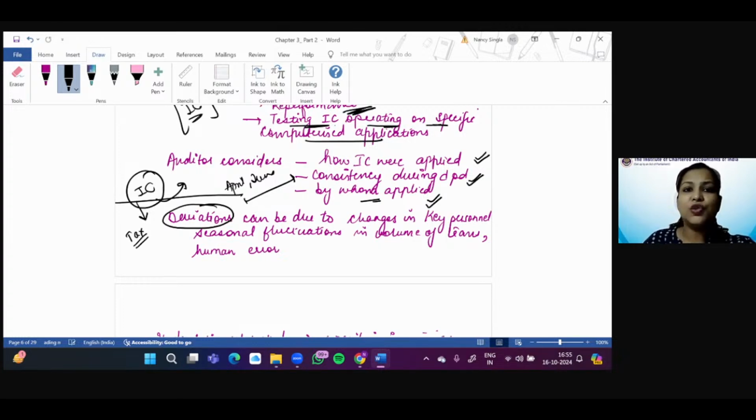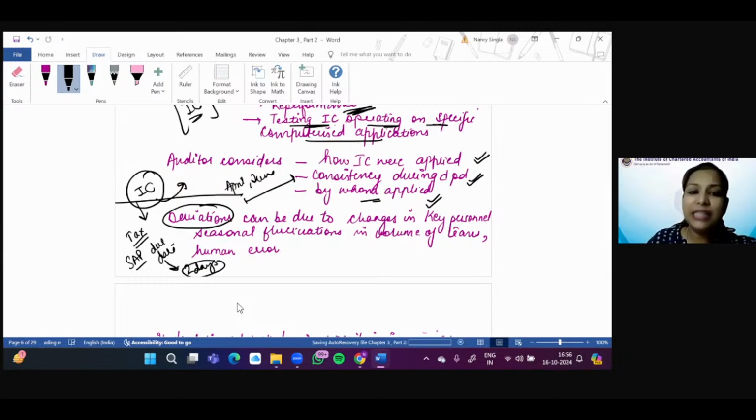One of the internal controls implemented by the management is that they are using, let's say, SAP software, so that whenever there is the due date of payment of tax, 2 days prior to that date, a reminder mail will come. But on 1 or 2 occasions, there was a deviation. That is, the mail did not come. So this is what a deviation is. Whatever was the purpose of the internal control, it was not able to achieve that on, let's say, a few occasions.